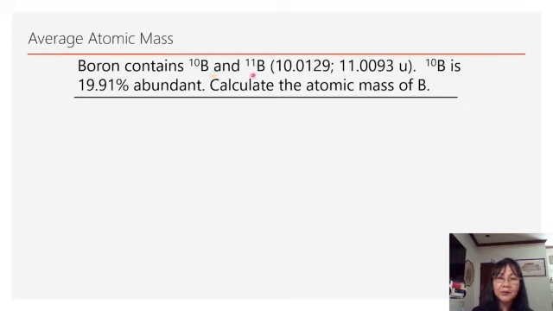Boron 10 weighs 10.0129 atomic mass units, while boron 11 weighs 11.0093 atomic mass units. So boron 10 is only 19.91% in the universe. So a large percentage of all the boron atoms in the universe is actually boron 11.